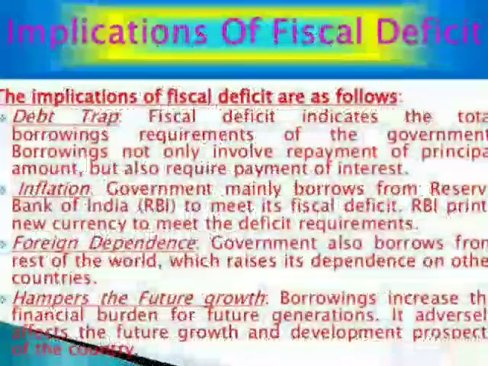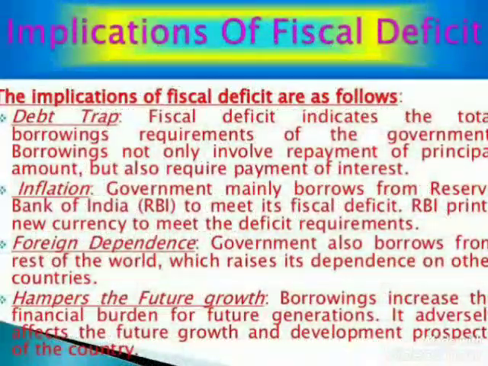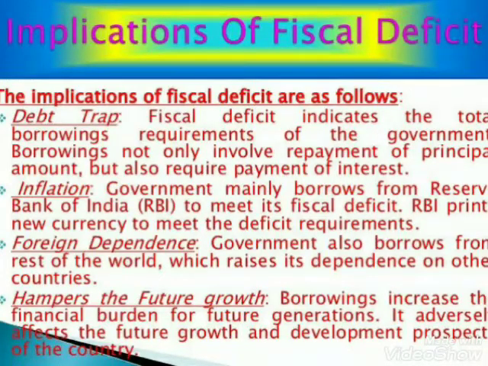Now children, do you know this fiscal deficit also has certain implications, as we saw the implications of revenue deficit. Fiscal deficit is always estimated on the basis of borrowing by the government, because greater fiscal deficit implies greater borrowing by the government.